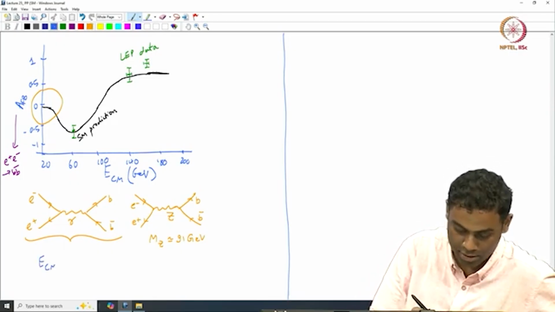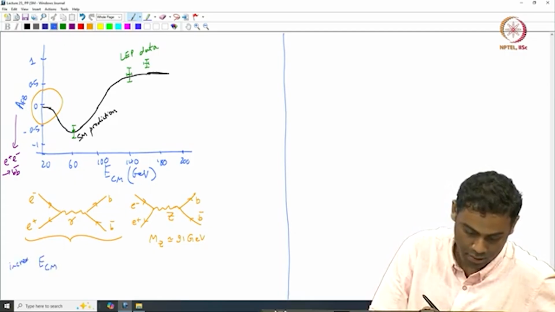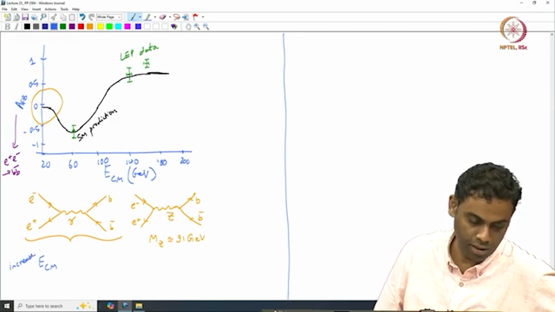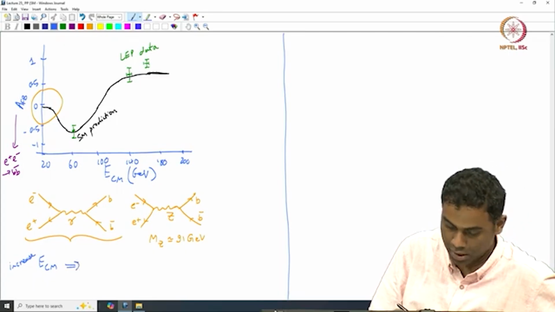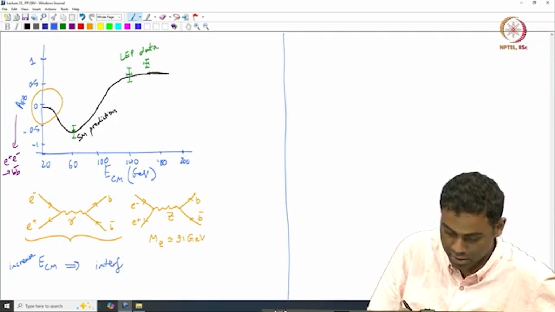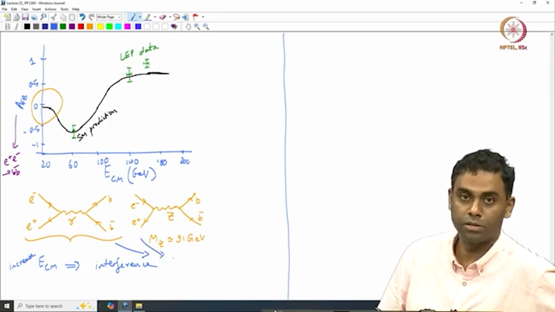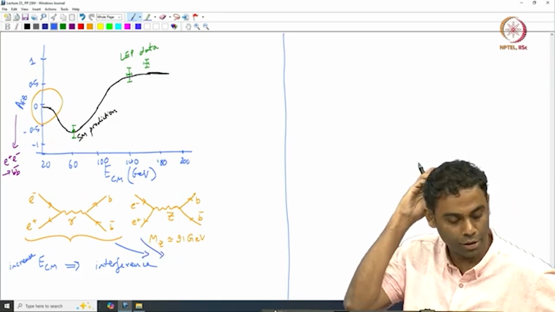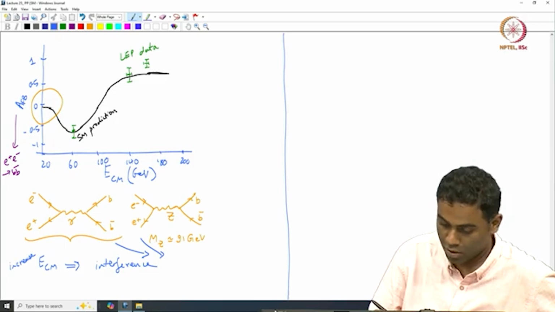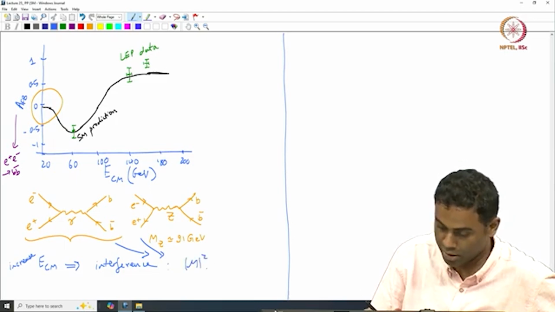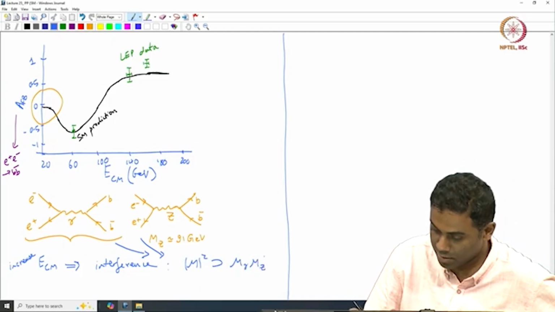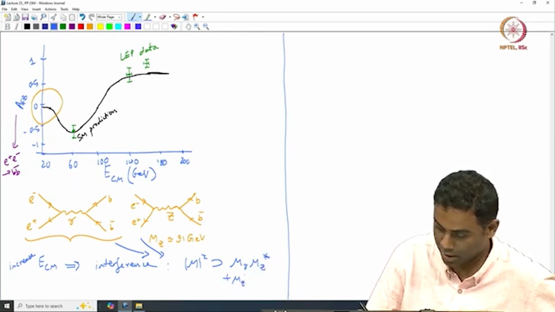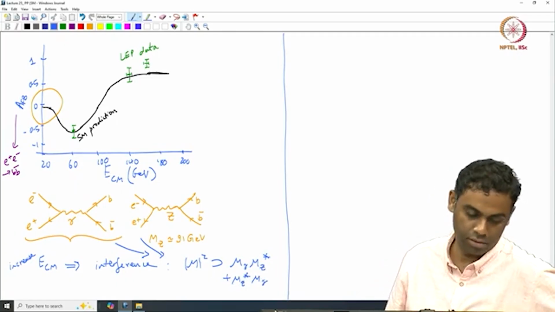So as I increase E_CM, you have interference between these two terms, between these two amplitudes, or said differently, your M squared is going to contain terms like these, M_gamma M_Z prime plus M_Z prime M_gamma.